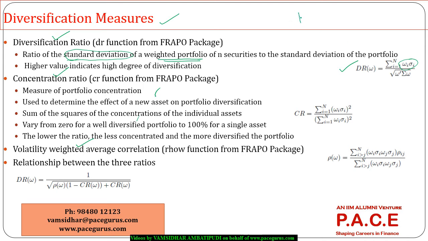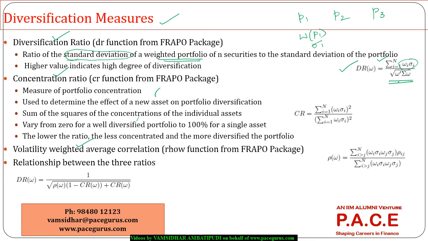For all the three portfolios P1, P2, P3 that we have created, we got their individual weights. So individual weights we are multiplying with their corresponding standard deviation. That's the numerator.